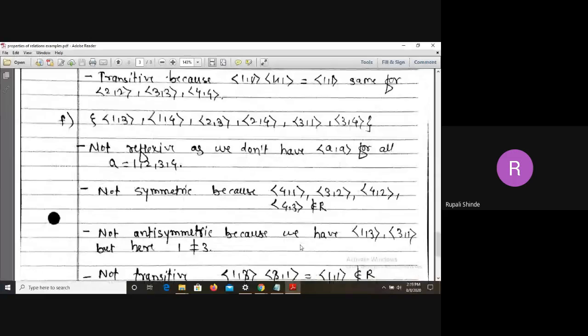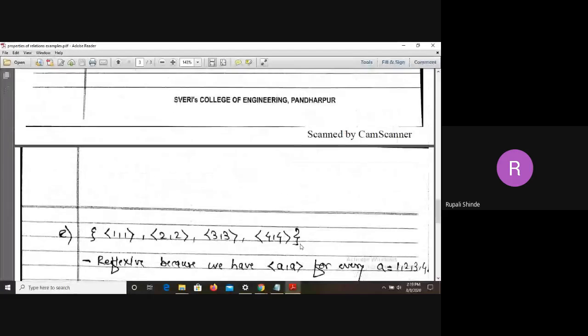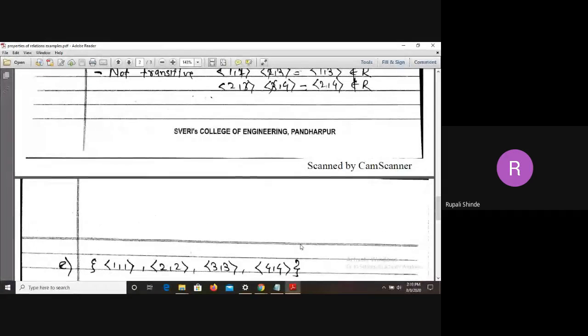Continue. This is the last relation from this question. So what are the properties satisfied by this relation E? Whether this one is reflexive. Yes, reflexive. Okay.